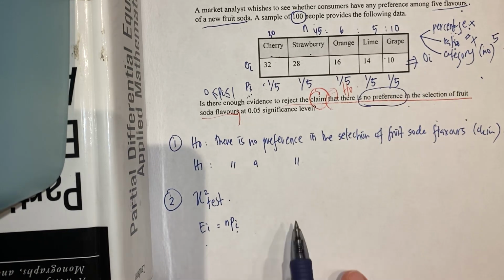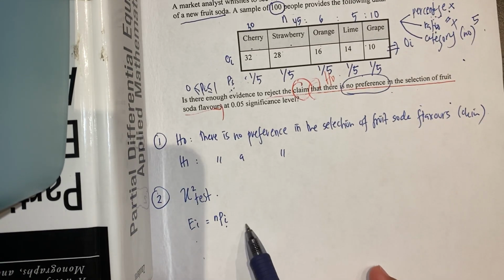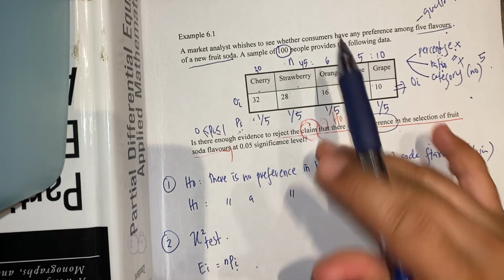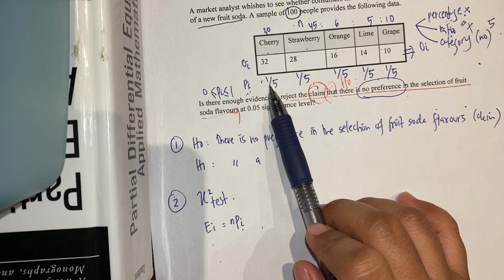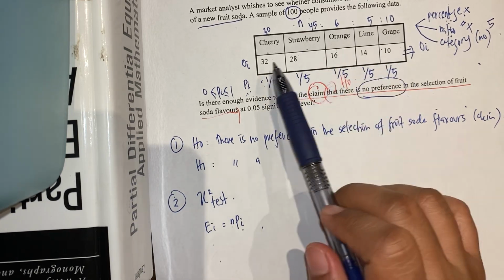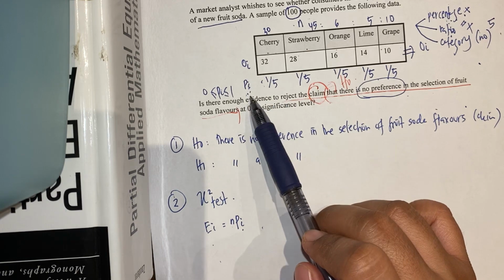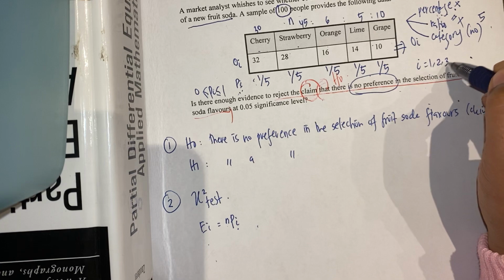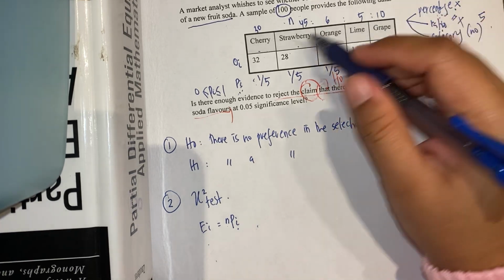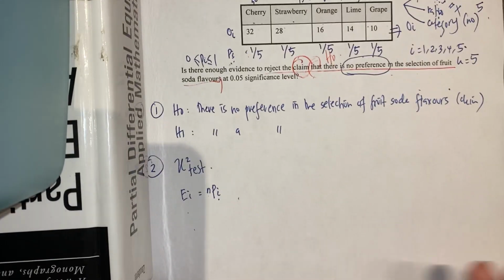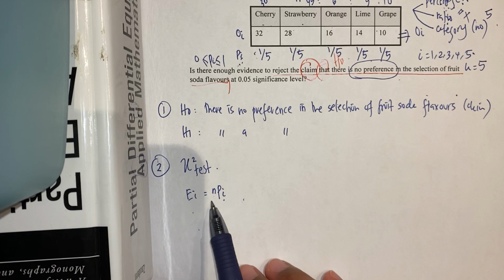So E and PI. N is the sample size, which is 100 here. So 100 multiplied with the PI, we get the E for each category. I here represents category. In this case your I is 1, 2, 3, 4, 5, because we have 5 categories, which means that here K equals 5. So we calculate the EI.